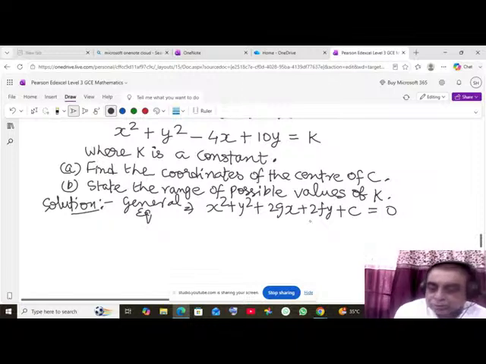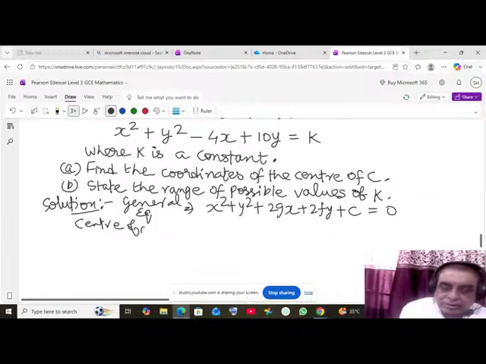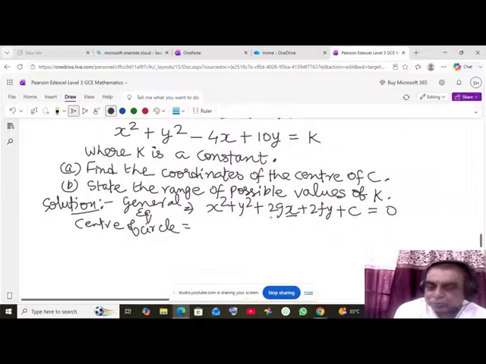There is a formula for the center of the circle and the radius. For the center, take the coefficient of x, which in this general form is 2g, divide it by 2 and change the sign. 2g divided by 2 is g, and with the sign changed it is minus g.